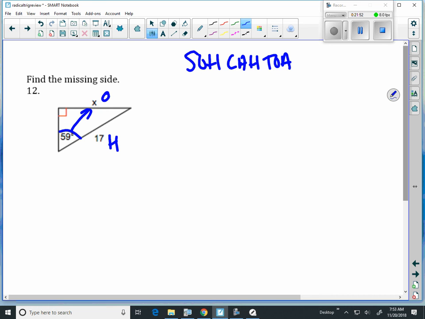So what trig function are we working with when we have O and H? Yep. We're going to do the sine, so the SOH part. So we're going to do the sine of our angle, 59, equals opposite over hypotenuse. So opposite is x, hypotenuse is 17.